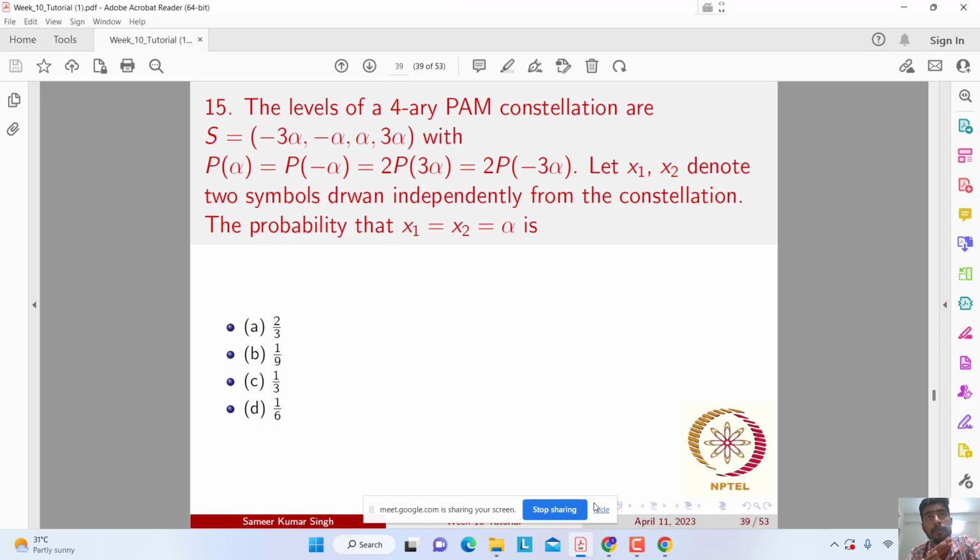Is question 15 clear to everyone? Munaz, how did you solve this?